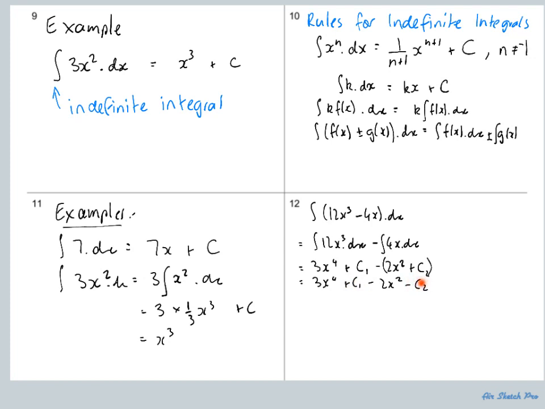Really all we're saying is that to this expression, 3x to the power of 4 minus 2x squared, we'd have to add something. So I end up by saying 3x to the power of 4 minus 2x squared plus c, no subscripts. I don't have to say c1 minus c2 or anything like that. I just need to say there is a constant term added to the end of it as well. Does that kind of make sense?